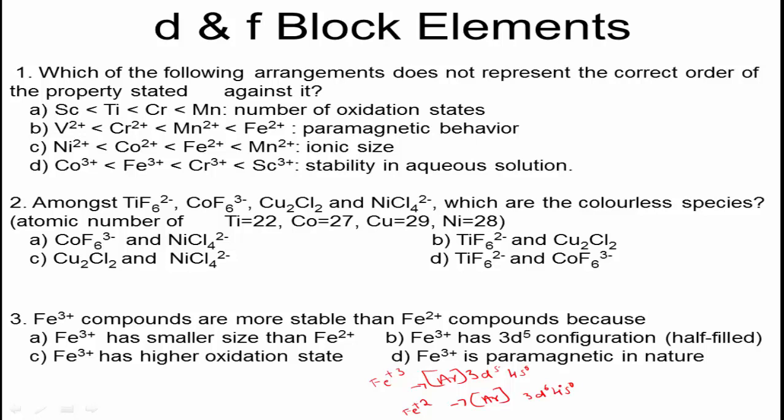Hence, Fe plus 3 being half filled is more stable than Fe plus 2, which is incompletely filled. If we know this concept, then definitely the answer for this question is option B. Option B is the right answer.